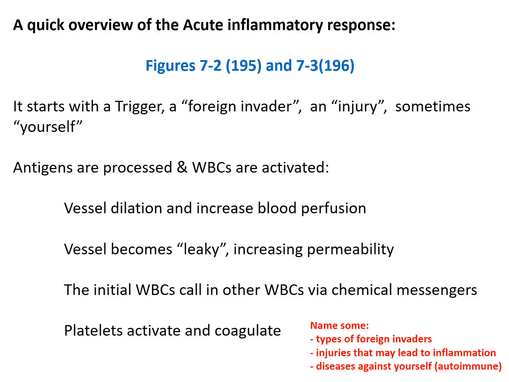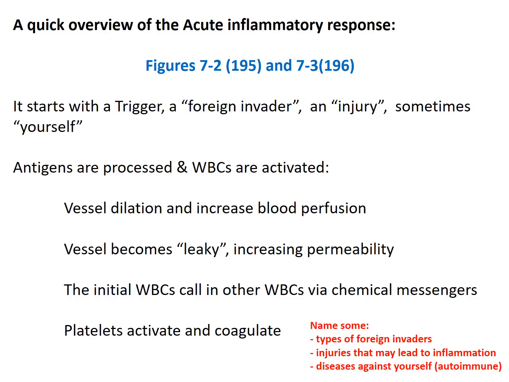In addition to white blood cells being activated, platelets will also begin to be activated. So this is just like acute inflammation at a very high level. It's vascular, it's white blood cells, and it's platelets. And we're going to talk a little bit deeper in terms of what that means.